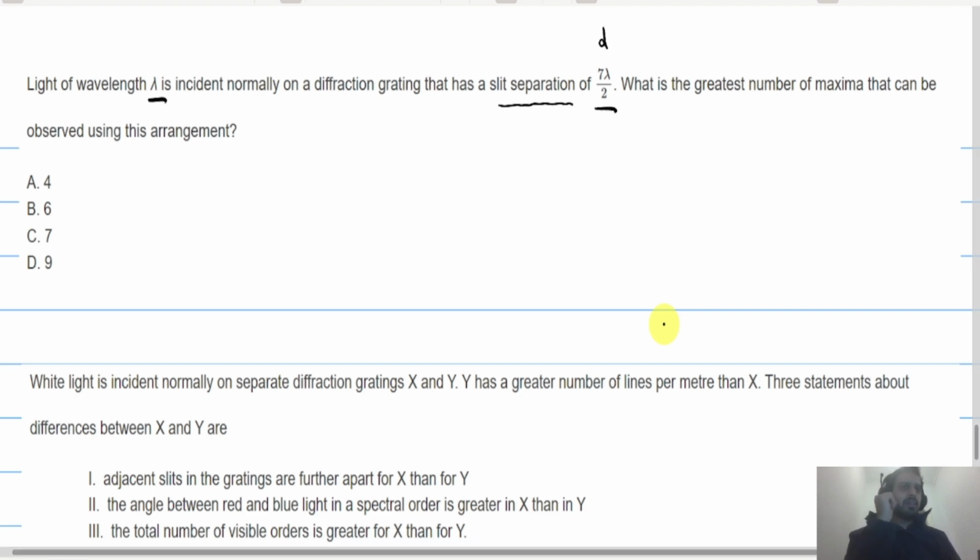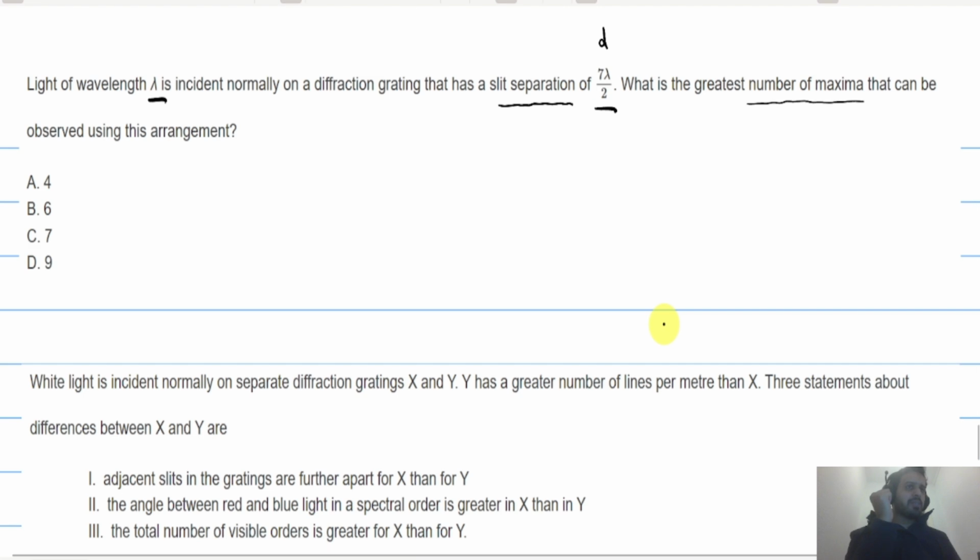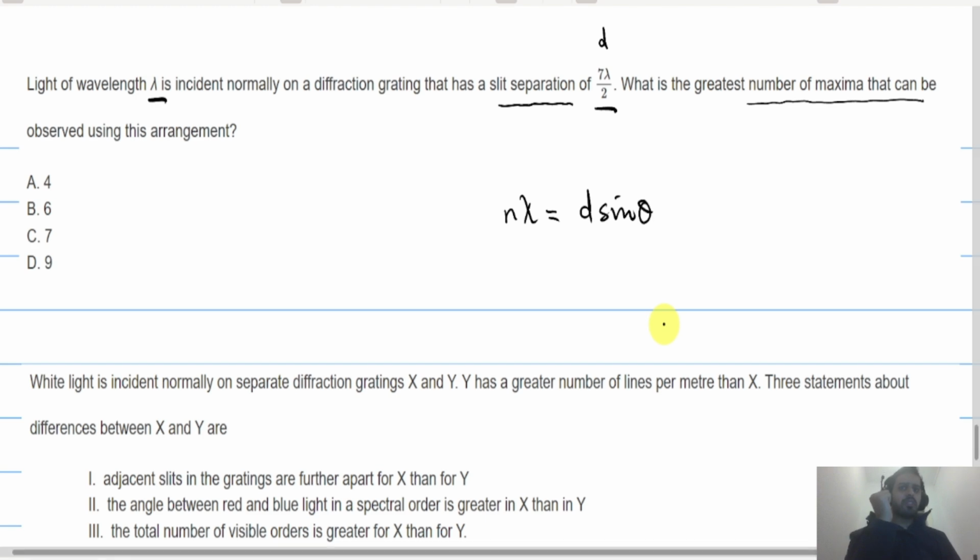And the next thing, the trick or the catch in this question, is this number of maxima. If you look at our equation, n lambda equals d sine theta, most students will be very quick and say, okay, n is the number of maxima, right? So just solve this equation for n.